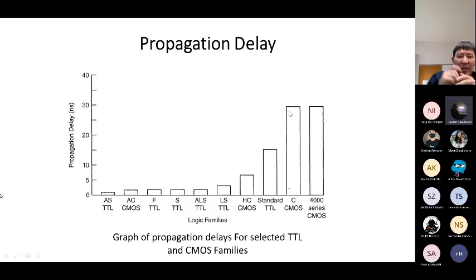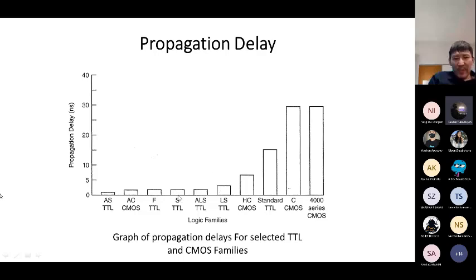So actually, one disadvantage of CMOS is that mostly standard CMOS has a high propagation delay, so they do not respond so quickly. But if you take, for example, this TTL, you can see that for TTL the propagation delay is low.